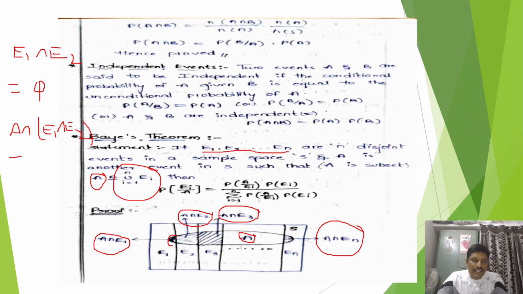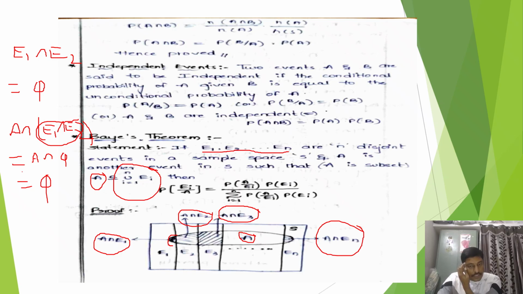Because A intersection E1 intersection E2, and E1 intersection E2 is phi, clearly we know that. So A intersection phi is equal to what? Phi, obviously. Clear? So A intersection phi is equal to phi. That means if we take A intersection of any two events of E1 and En, we will get phi. Clear? So that is what we have explained in the next slide.